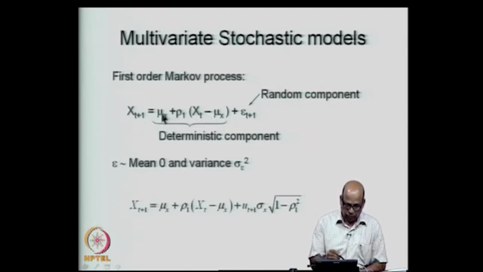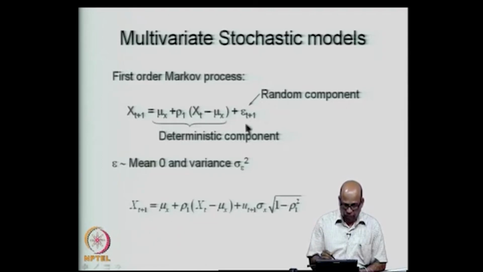So, this is a stationary model, because we are treating the mu which is the mean as constant. So, it is not changing with respect to t. So, this is constant, and then you have rho 1 which is lag 1 autocorrelation, and this is the random component. So, you have a deterministic component and the random component.